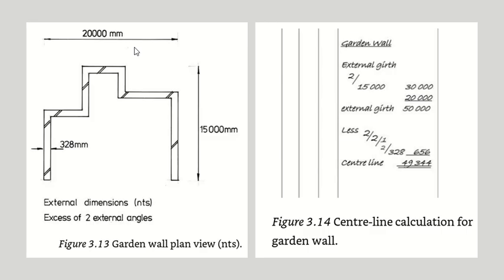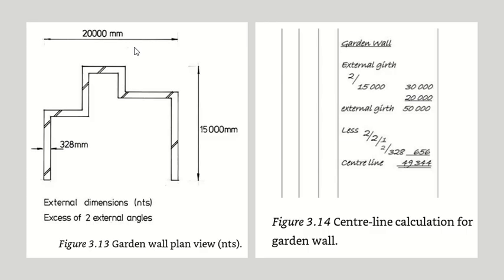Some of it here, some of it here, some of it here. So it's broken, but the total is 2,000. If I take the top one as 2,000 and the sides as 15,000, it's done. The total length is done. I'm not missing anything. Got it?